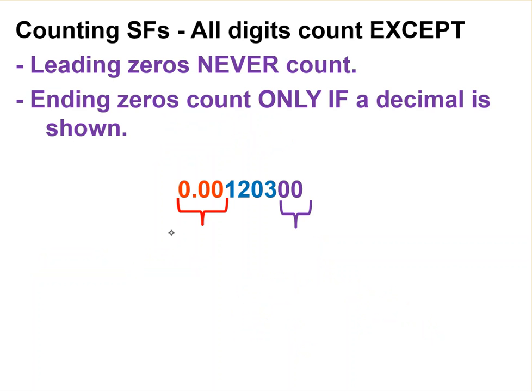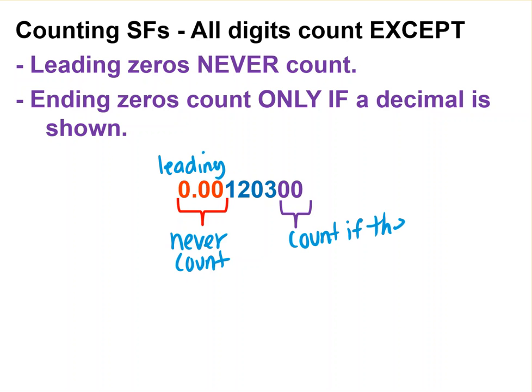So the leading zeros never count. And again, these are leading. Ending zeros count if the number shows a decimal point, and you have to see it.